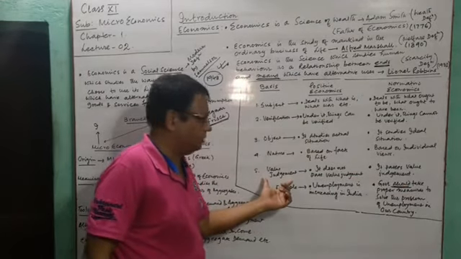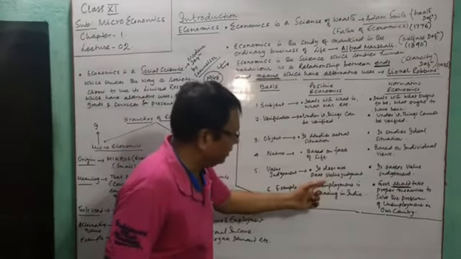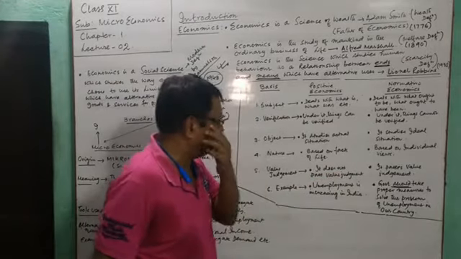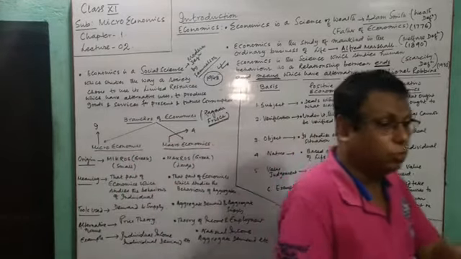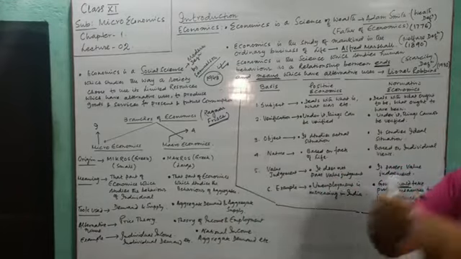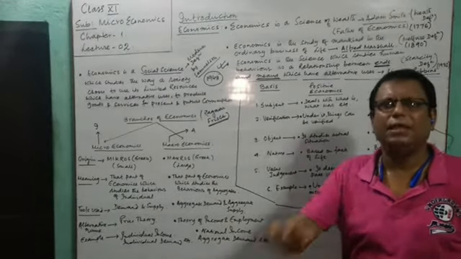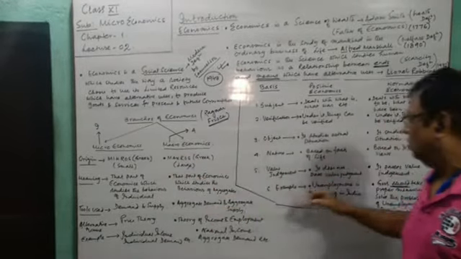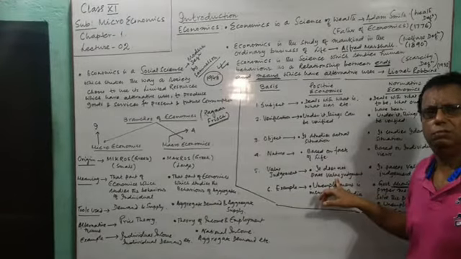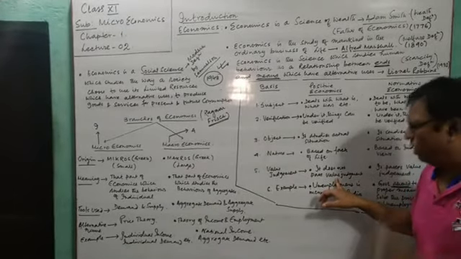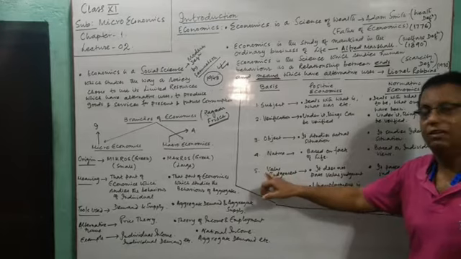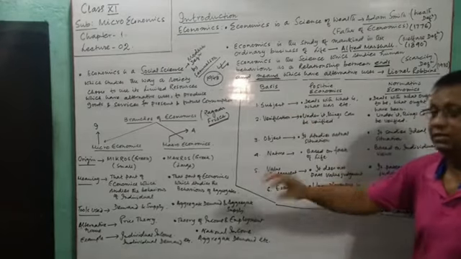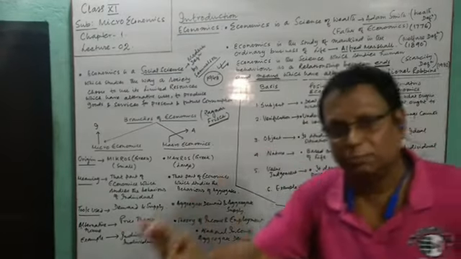Value judgment. Positive economics does not pass value judgment whether it is good or bad. It simply states the fact, but whether it is good, bad, or whatever, it does not give any value judgment. Positive economics never gives any value judgment.